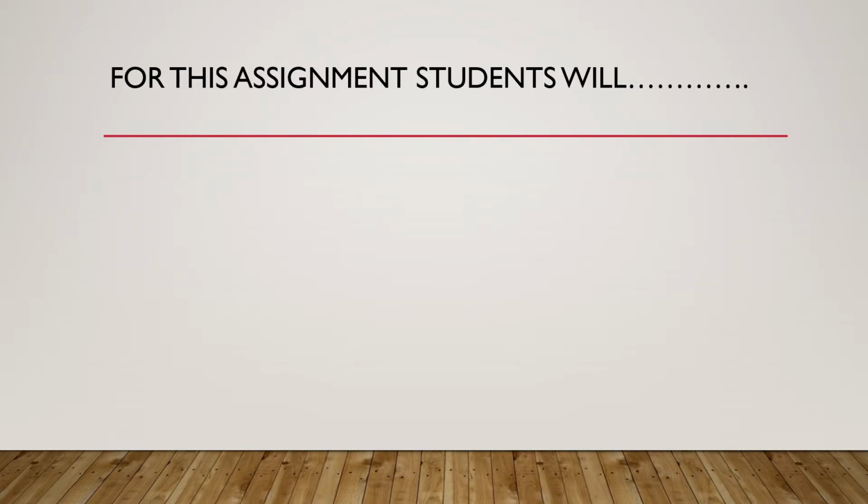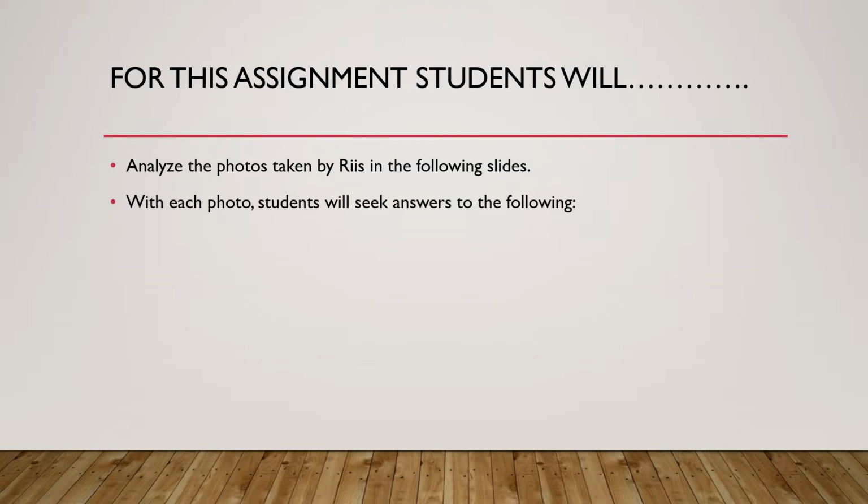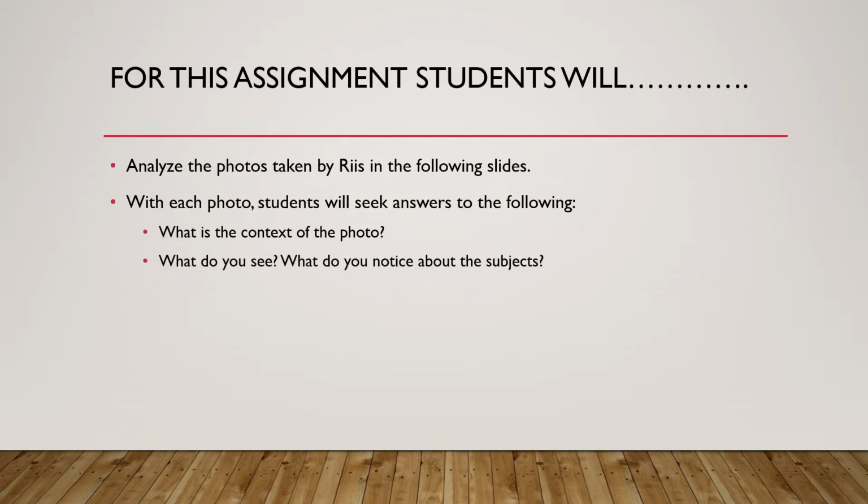For this particular assignment, students will analyze the photos taken by Riis in the following slides. With each photo, students will seek answers to the following. What is the context of the photo? What do you see? What do you notice about the subjects?